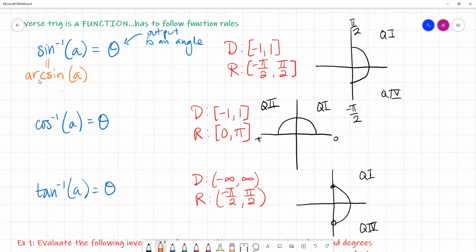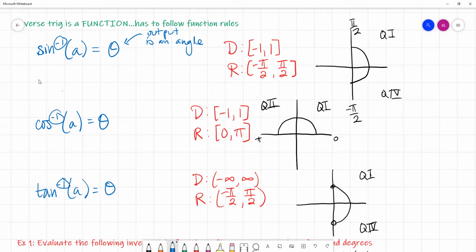This is sine inverse. The reason they do that is because this notation right here is a little confusing. The -1 looks like an exponent, but this is not an exponent, even though it's where the exponent should go. It's like when we talked about f inverse of x. This is not an exponent.